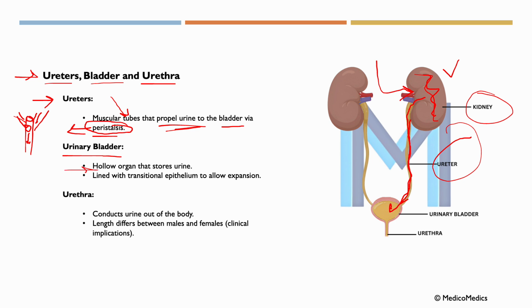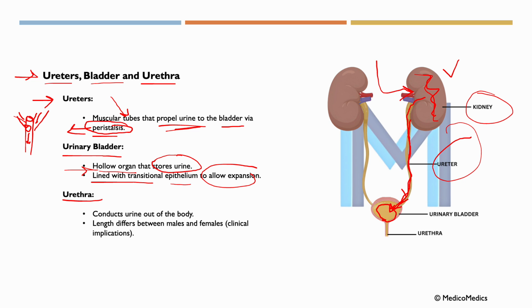Now, the urinary bladder is a hollow organ that stores urine, and it's lined with transitional epithelium to allow for expansion. So it's flexible, which means you can hold greater amounts of urine for a while, but don't push it.